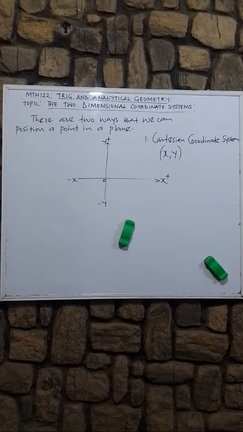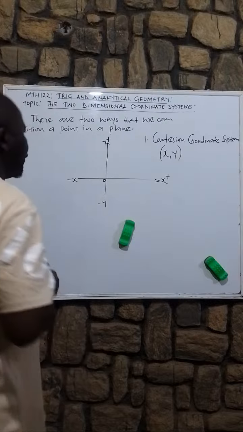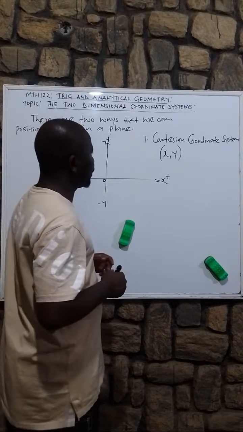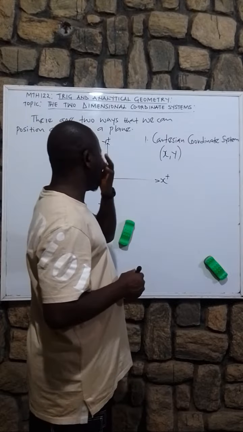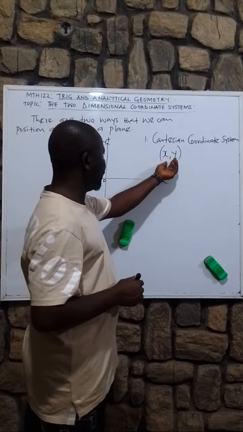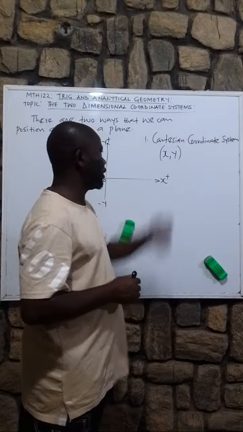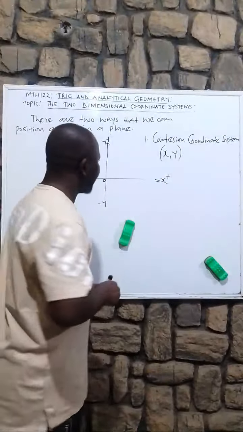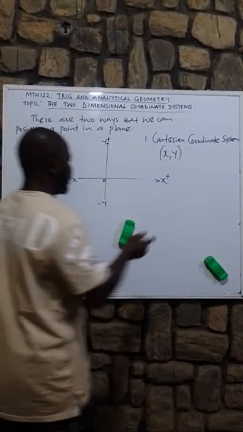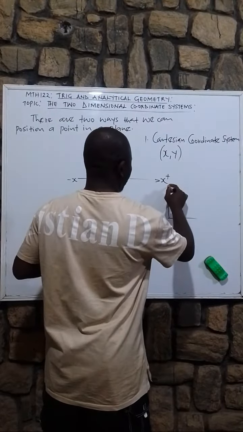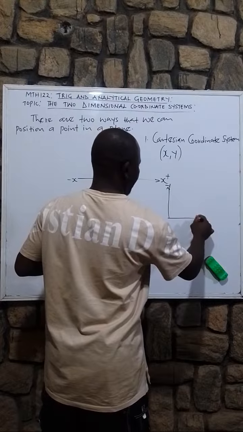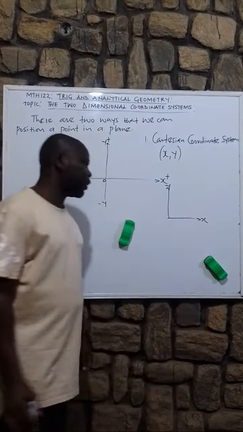Okay. So, if you are following, it means when you come across something of this form, it is in a Cartesian coordinate system, with y and x.